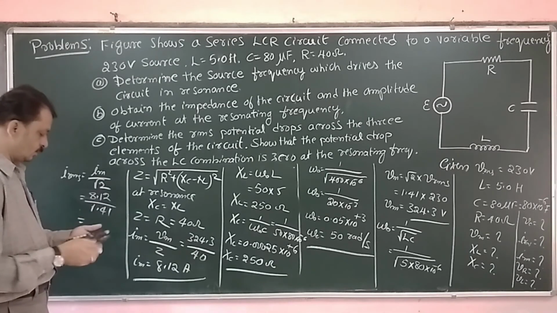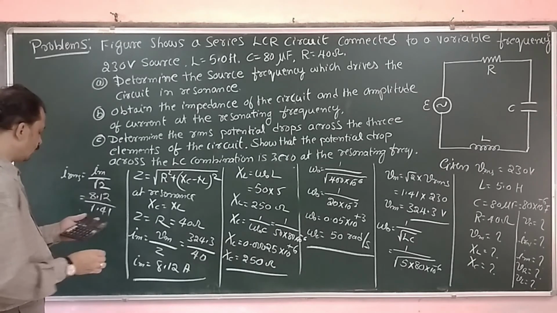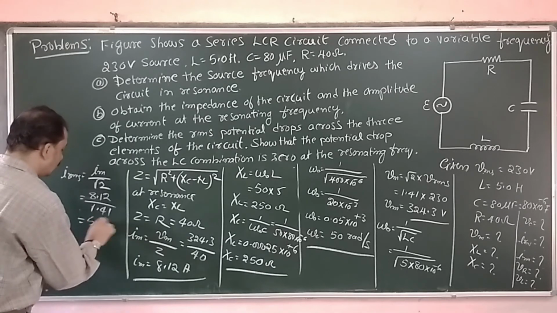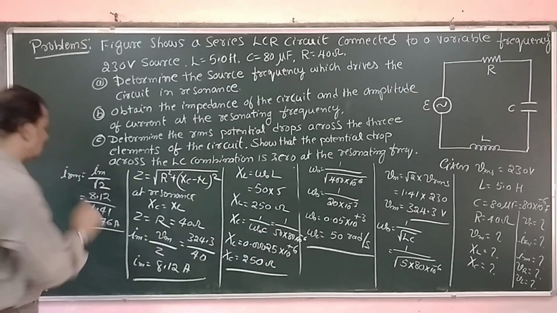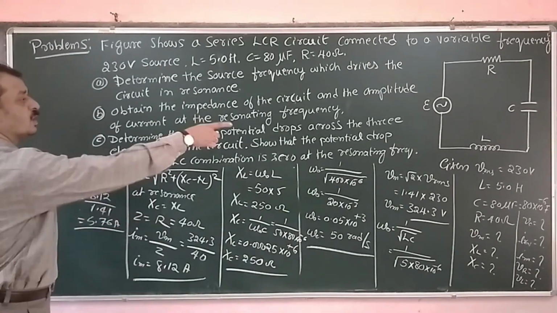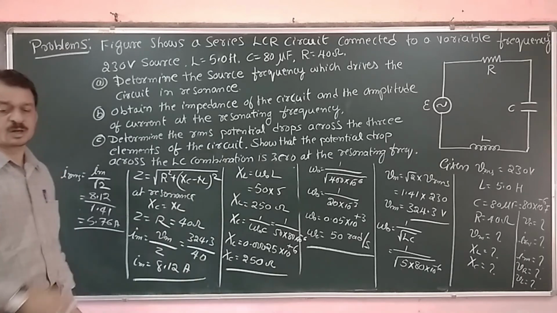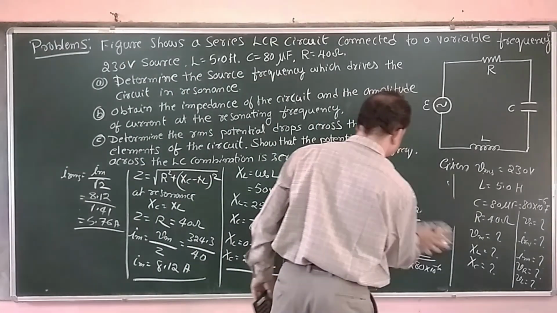If I work out 8.12 divided by 1.41, I am getting 5.76 amps of current. This is the RMS value of the current. Okay. Now we have to calculate what is the RMS potential drop across the three components. That I will do here.